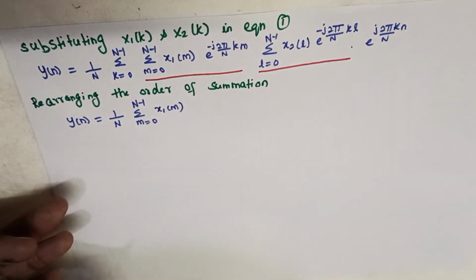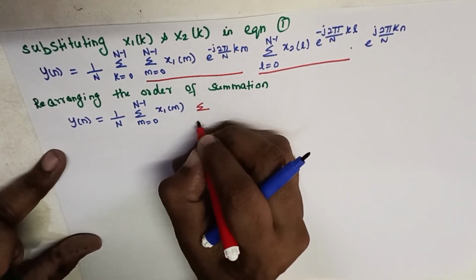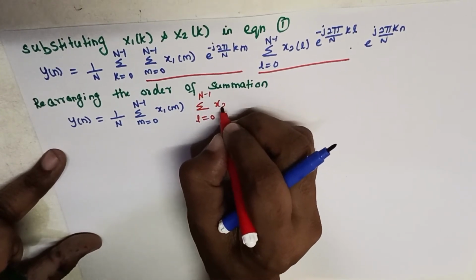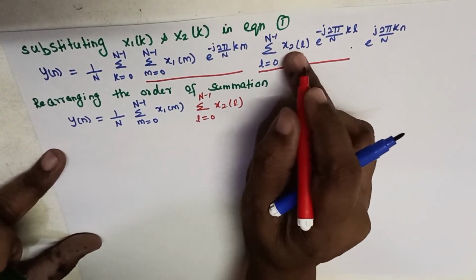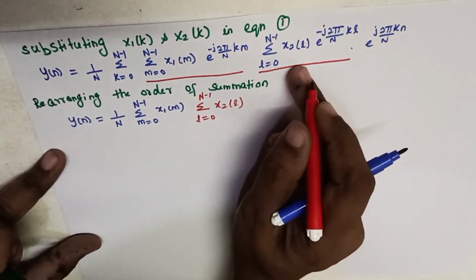So this can be written as a separate summation. Likewise, summation L is equal to 0 to n minus 1 x2 of L. So only this term is having the L variable, so this can be separated.